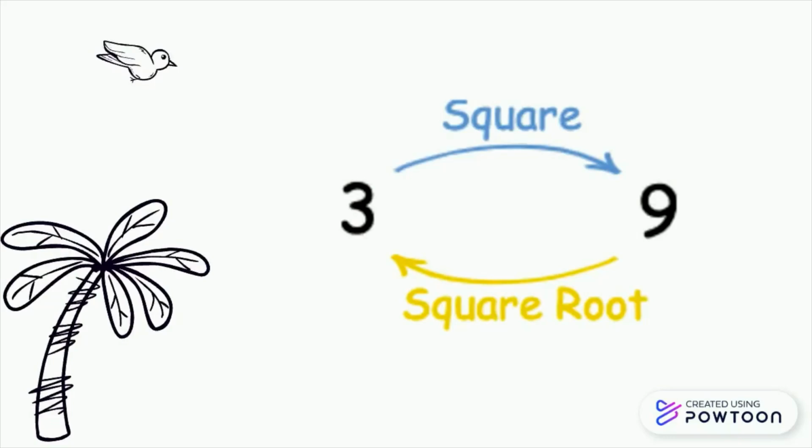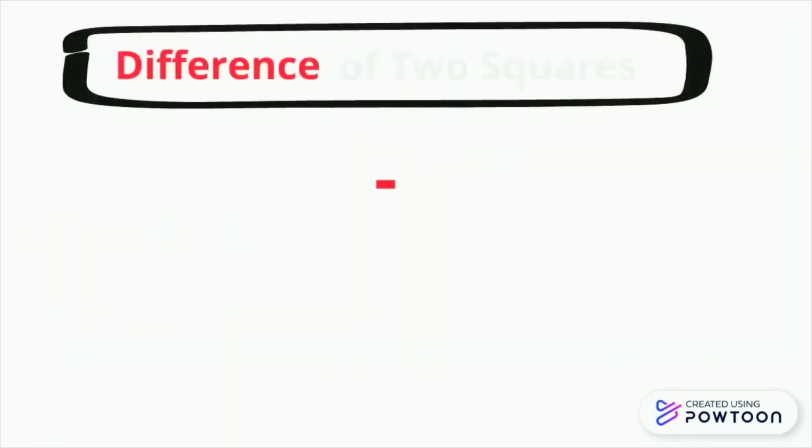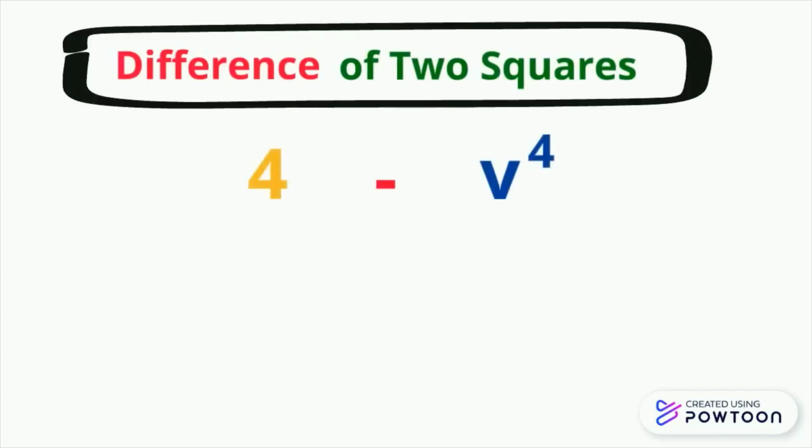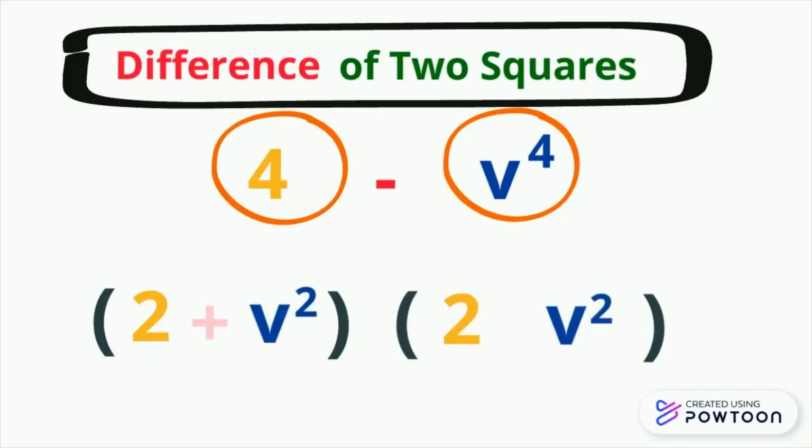It is simply saying what is that number when multiplied twice by itself equals a certain number. To find the factors of the difference of two squares, simply find the square root of the two square terms. The square root of 4 is 2. The square root of v to the fourth is v squared. Write the positive and negative signs as shown.